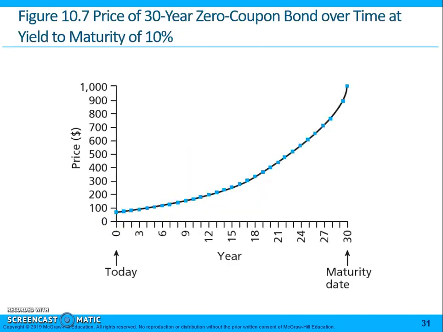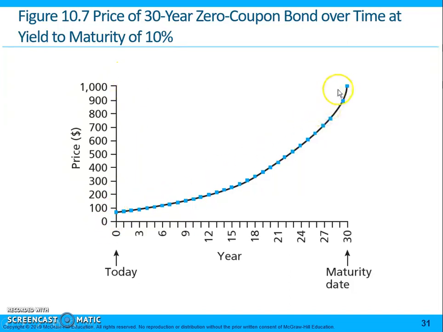Figure 10.7 shows the price of a zero coupon bond over time calculated at a 10% yield to maturity. The price of a 30-year zero coupon bond is going to be very, very low. In year zero, it's going to be less than $100.